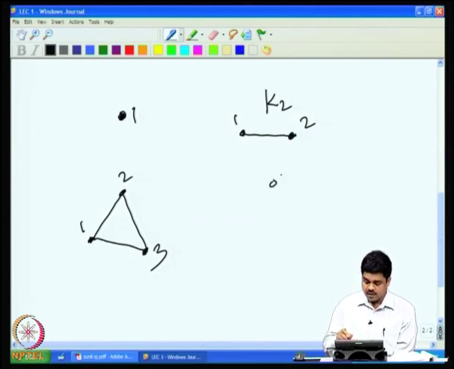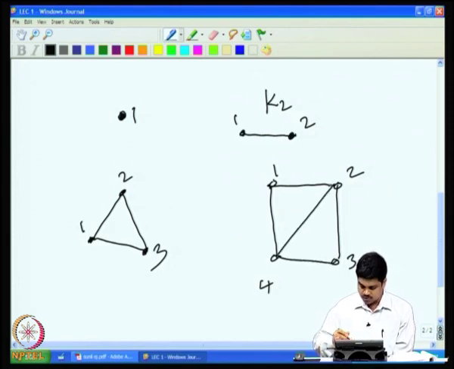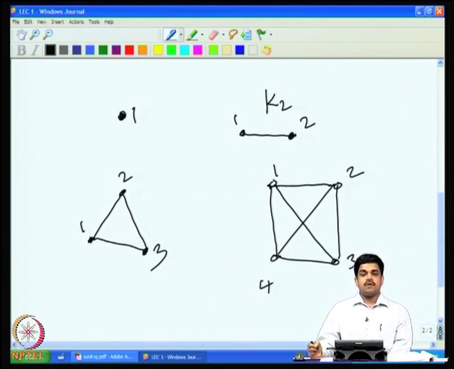How will the complete graph on 4 vertices look like? I will draw 4 nodes 1, 2, 3, 4. I put all the possible edges. Because there are 6 pairs here, I have to add all the 6. This is the complete graph on 4 vertices. When I say complete graph on n vertices, there are n choose 2 pairs.